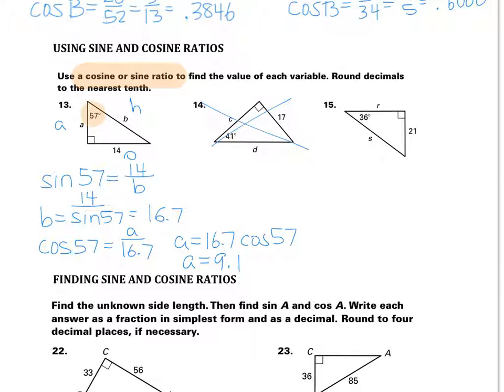And you should do 15. It would work in the same manner as 13. If your angle, you have the opposite, find the hypotenuse first, and then find the adjacent.